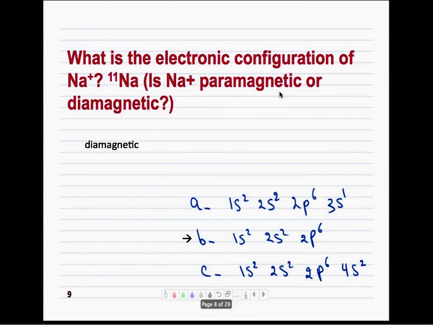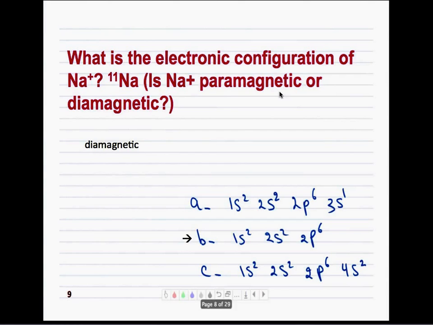Because all group 2, if they lose 2 electrons, they're going to look like the noble gas in the row before them. The same for fluorine, chlorine, bromine, all of them gain 1 electron to look like the noble gas in the same row. The same for group 6A, all of them gain 2 electrons to look like the noble gas in the same row.